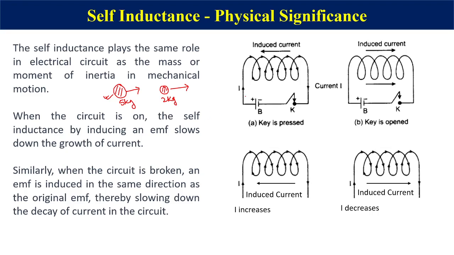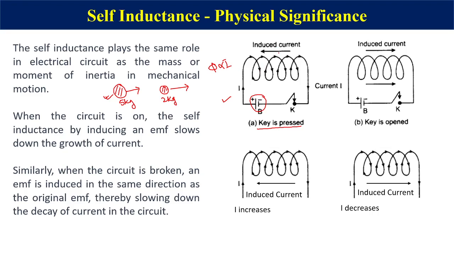So you can have this picture where the circuit is closed, that is, the key is pressed. So the current increases gradually. Suppose this source is not a constant source, rather it gives you a variable current which increases with time. In that case, what will happen? Because of the increment of the original current I, the magnetic flux linked with this coil will keep on changing. That means it will also increase because phi is directly proportional to I. So as the magnetic flux increases, the induced EMF also increases, and finally that gives you an induced current.